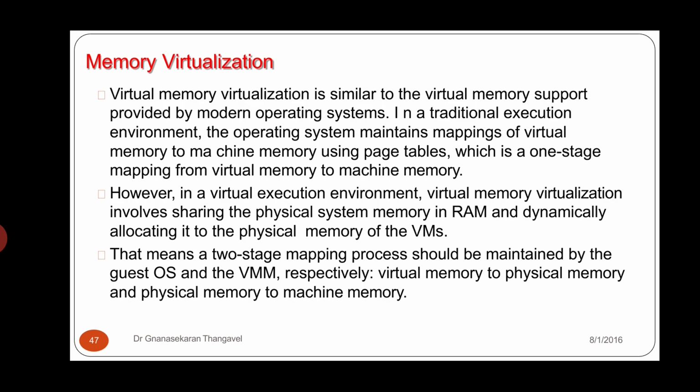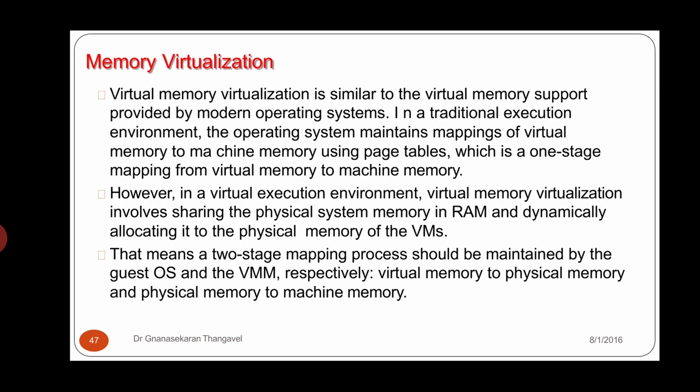However, in a virtual execution environment, memory virtualization involves sharing the physical system memory in random access memory and dynamically allocating it to the physical memory of the virtual machines.